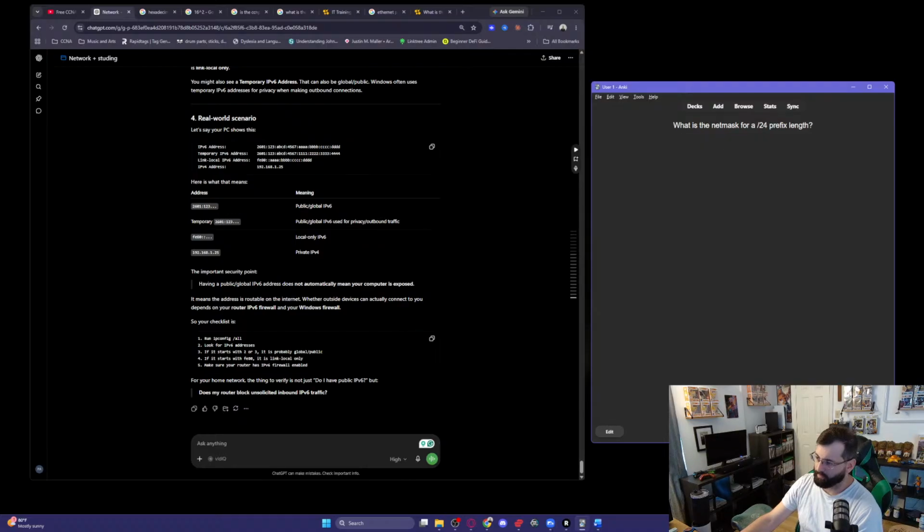Yep. What is the net mask of that? Would be 255, 255, 255. Yep. What is the host portion of an IPv4 address? Is all zeros. What kind of address is that? Oh, it's the network address.